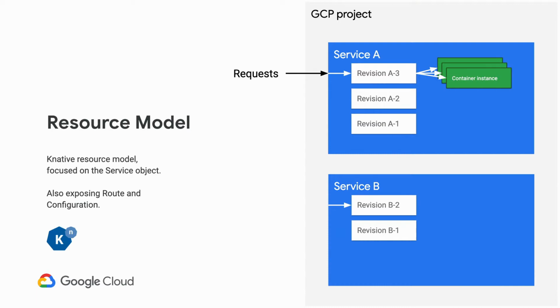So without actually going into too much detail about Knative, because it's more of a Cloud Run presentation than a Knative one, routes and configurations basically handle the history behind the different revisions of a container, and also how that container is meant to be run, and what is the path that leads to the container, essentially.